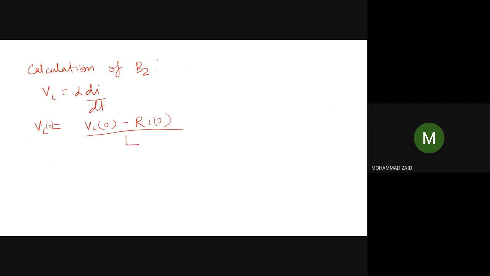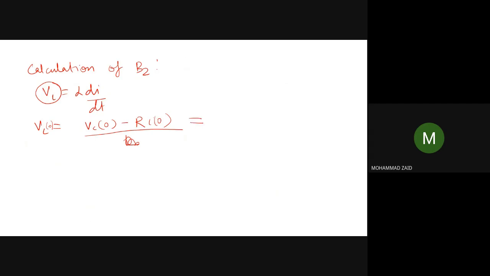From this expression, VL is equal to L di by dt, and VL can be finally written in terms of, sorry, let me correct it. If you see the series circuit, VL is equal to VC0 minus R times I0.